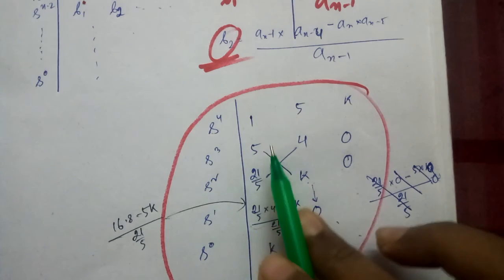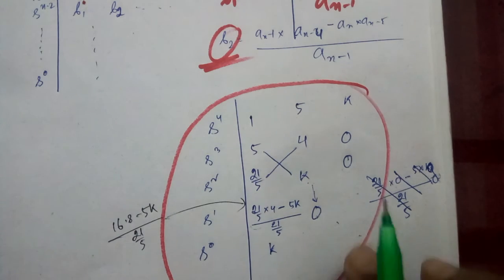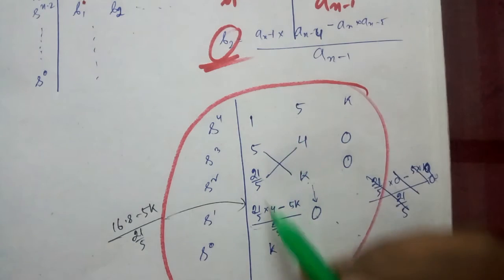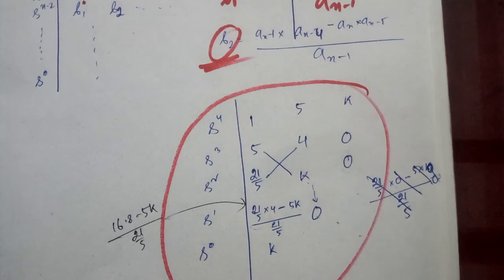If any term among 1, 5, 21 by 5, 16.8 minus 5k by 21 by 5, and k is negative, the system will be unstable. If all the terms of the first column are positive, then it will be stable. This is the main thing in Routh stability criterion.